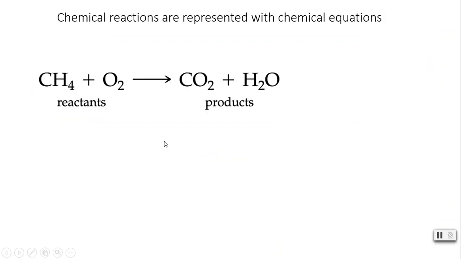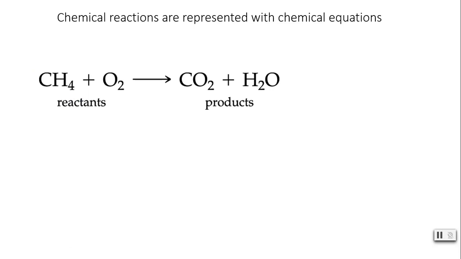How do we write chemical reactions? So in the hydrates lab, you had your first chemical equation that was written for you. So we're going to use this example right here to talk about the parts of a chemical equation.